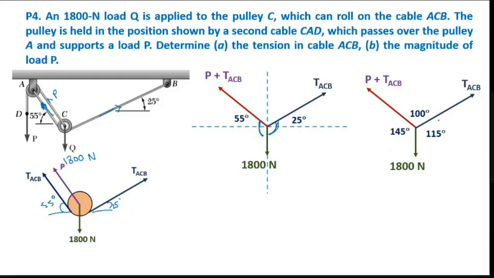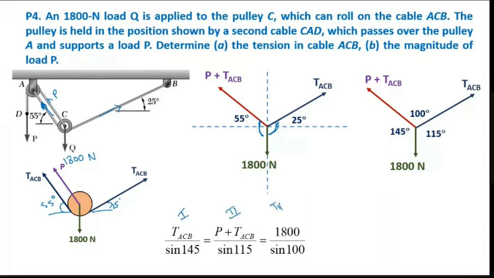Now I can write Lami's equation. P plus TACB divided by sine of 115 degrees is equal to TACB divided by sine of 145 degrees, which is equal to 1800 divided by sine 100 degrees. I'll consider these as equation 1, equation 2, and equation 3.